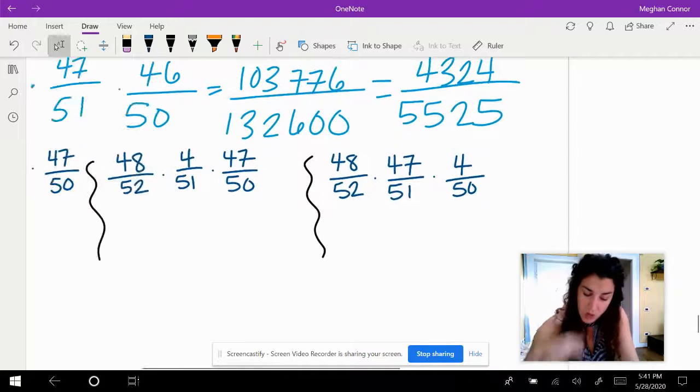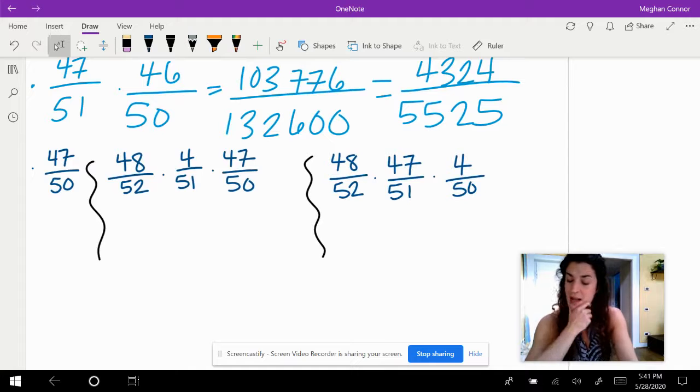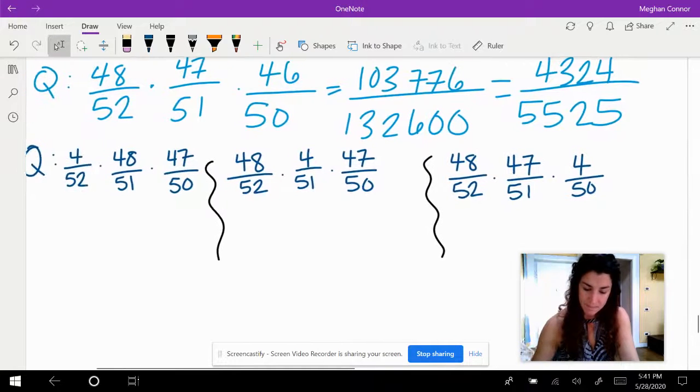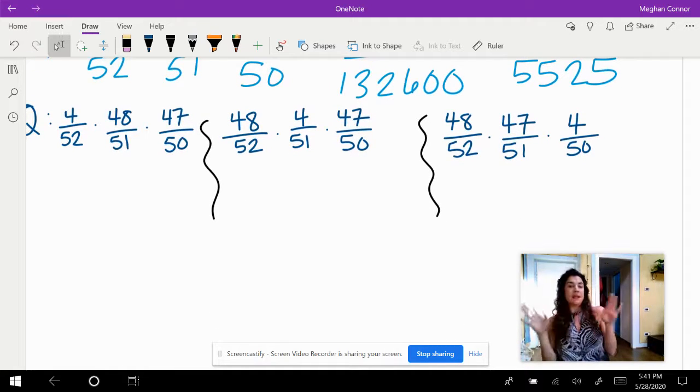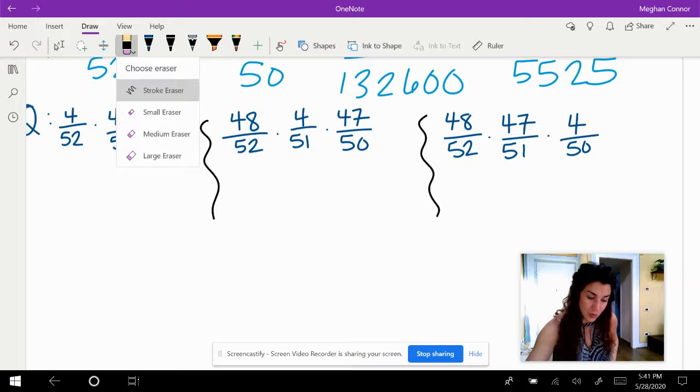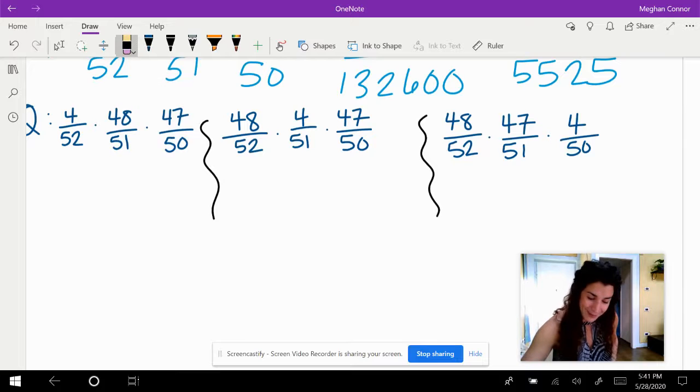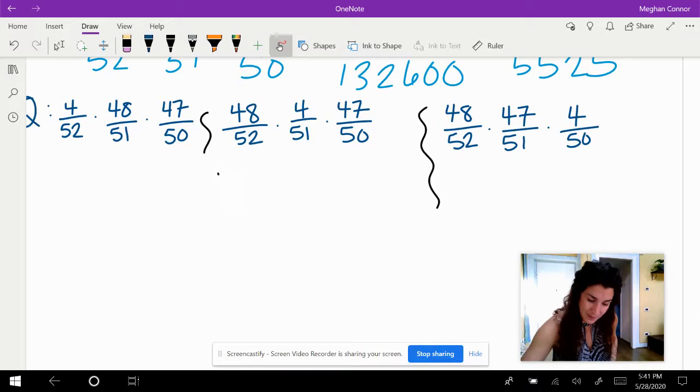And because of what we know about the associative property, it doesn't matter what order you multiply these numbers in. And so even though the denominator is still going down, 52, 51, 50, the fact that the numerators are changing around doesn't change the number that results from this multiplication.